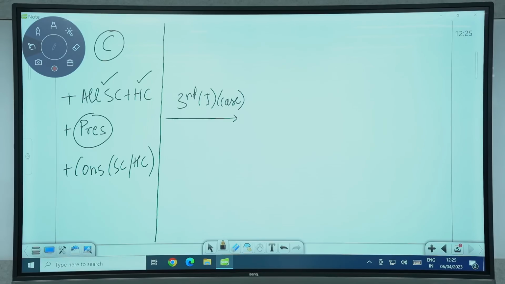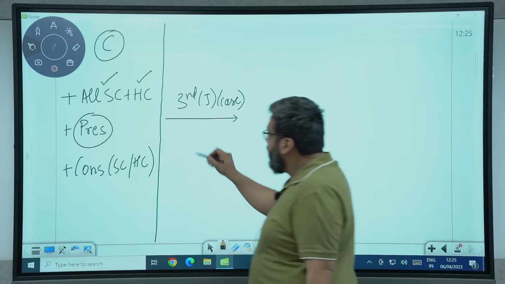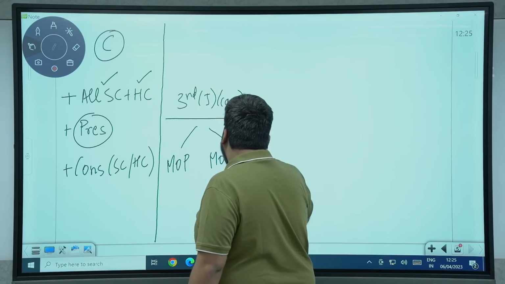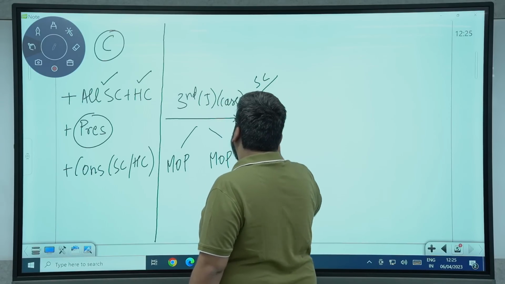And this third judge's case is implemented by your memorandum of procedures separately for Supreme Court and High Court judges.